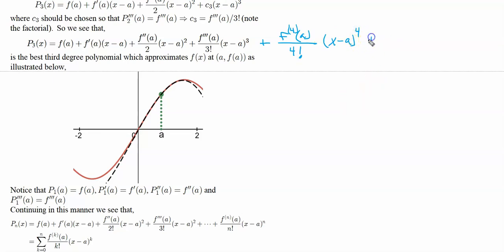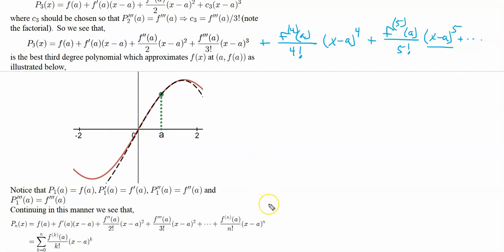And then the next term would be the fifth derivative of f evaluated at a over 5 factorial times x minus a to the 5th power. And we just keep going like that until we get to the desired degree of the polynomial that we want.